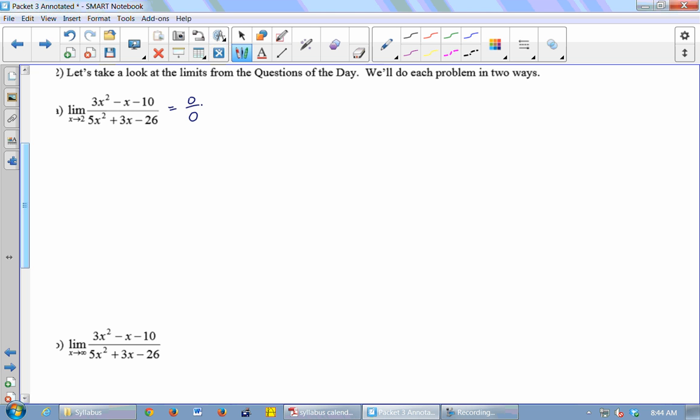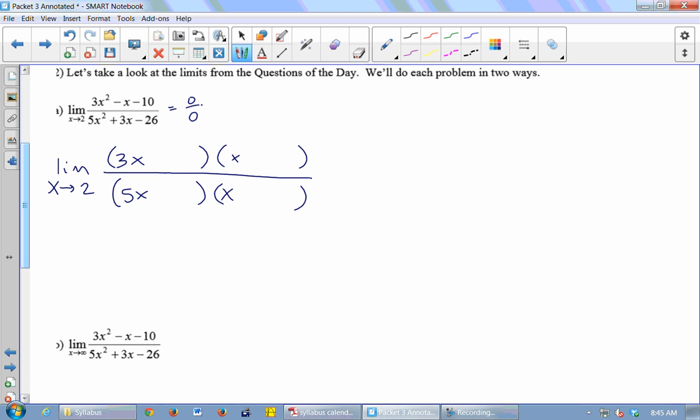So when we get an indeterminate form, remember, that just means you have some more algebra to do. You have to try to simplify this thing. So maybe we can factor and cancel something. So let's see, factors of 10, 5 and 2.